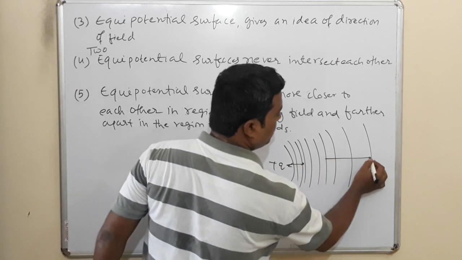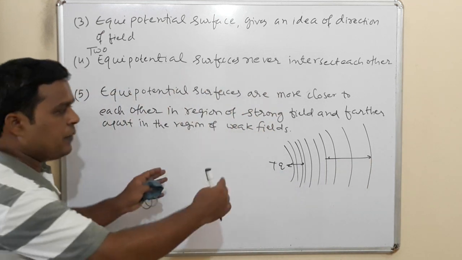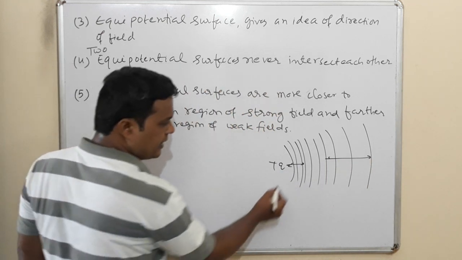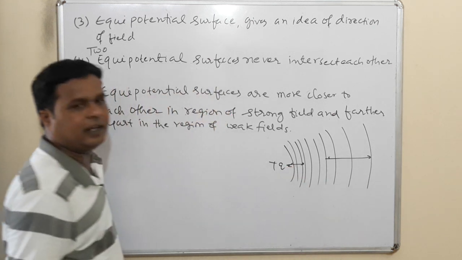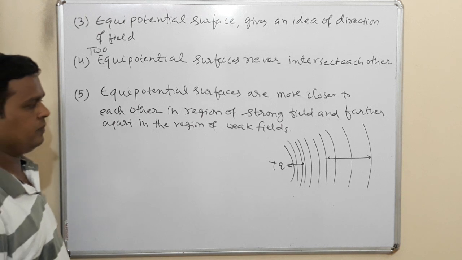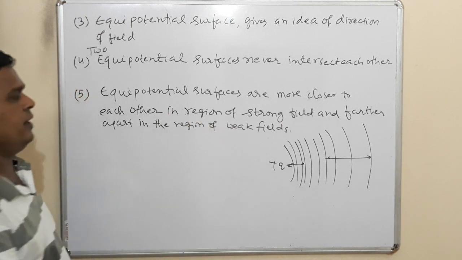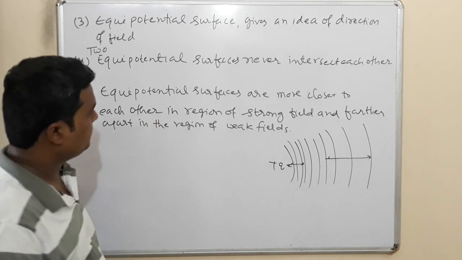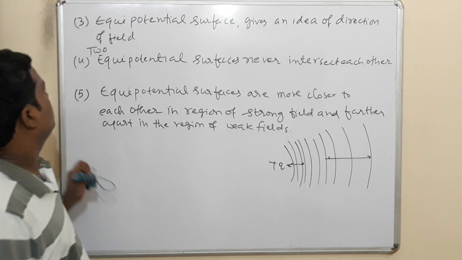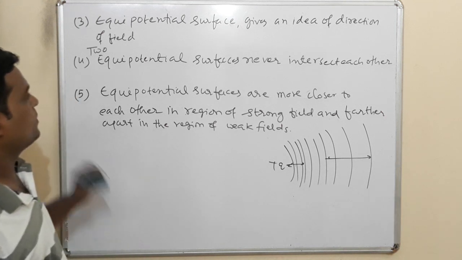When I move away from the charge, equipotential surfaces are further apart, away from each other. This indicates that in this region electric field is strong, in this region electric field is weak. So equipotential surfaces also indicate the strength of electric field. Okay? Write down these properties.